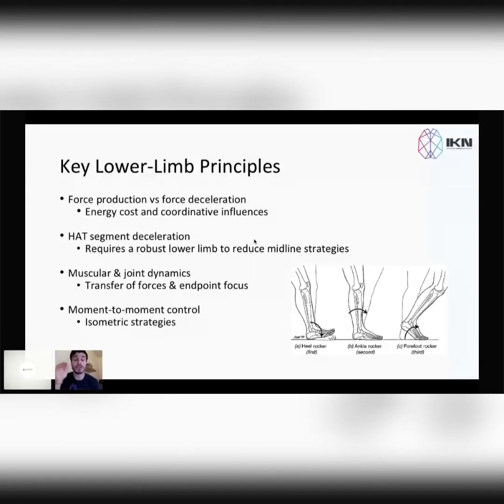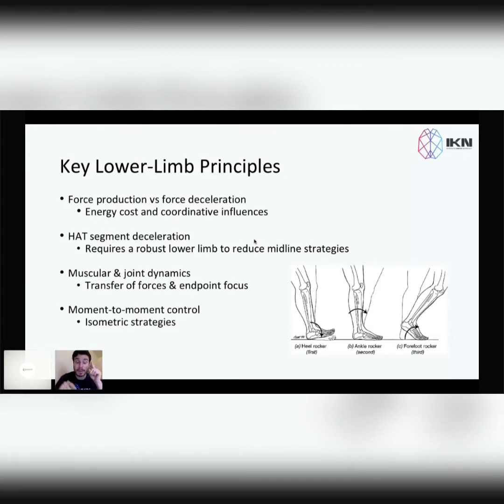Because I would urge you to not get caught up when it comes to specific issues, right? If you have plantar fasciitis, if you've got an ankle sprain, if you've got knee pain, anterior knee pain, if you've got hip pain, yes, think about the local area, but also think about what needs to happen to make that lower limb robust.